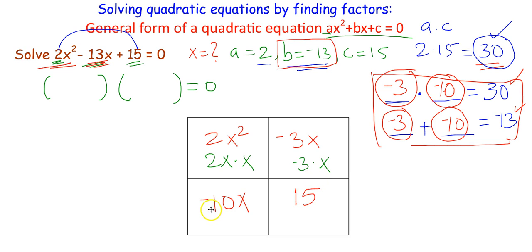Now we have to continue the same process for the next two terms. Like here I have negative 10x and there 15. So the common factor, in fact the greatest common factor between those two numbers is of course 5. 5 can divide 10 and 5 can also divide 15. Therefore we can take out 5 as a common factor.